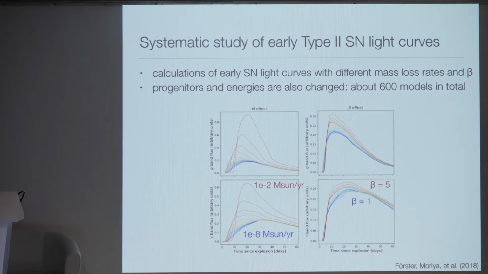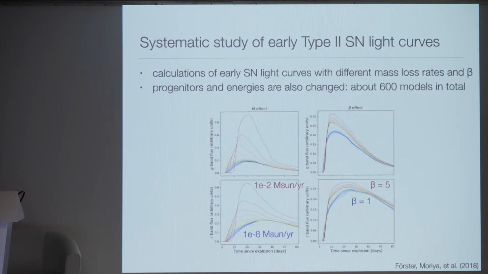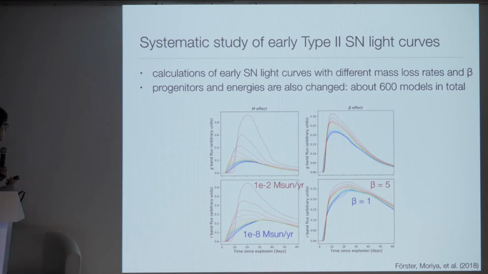So to answer this question, we made a lot of models with different mass loss rates, different beta, and different progenitors, and so on, and modeled a lot of light curves to see how these different parameters change the light curve. So this is mass loss rate.